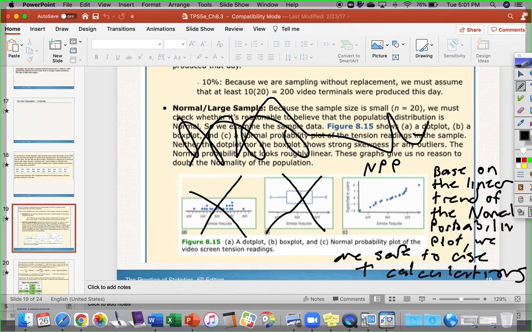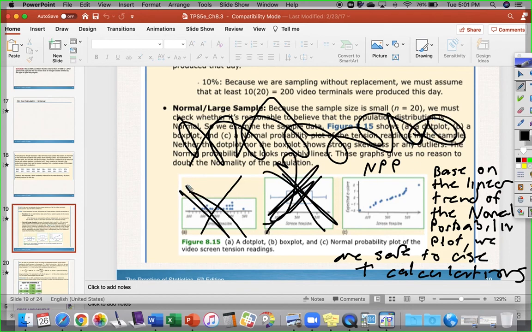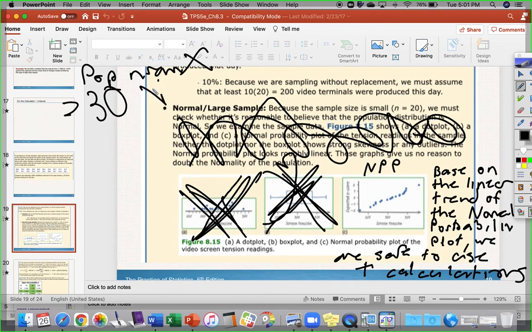Please don't be the people that ignore this video and do all of this random crazy work. Why are we doing this again? So the population, normal? No, not told to us. Greater than 30? No. Next, normal probability plot. That's the third option to assess normality when the first two aren't met, the easy two.